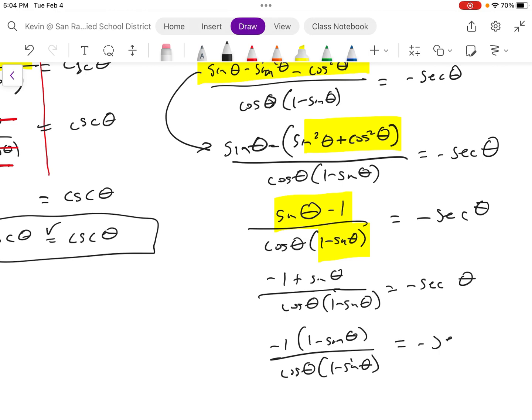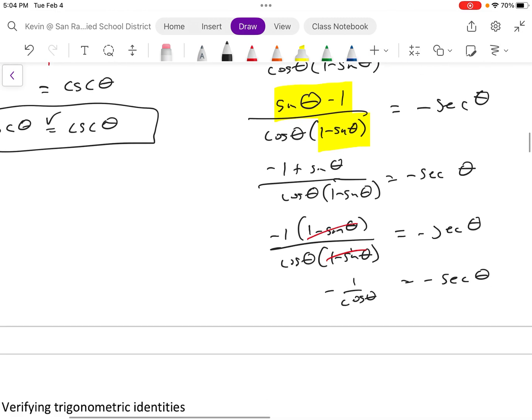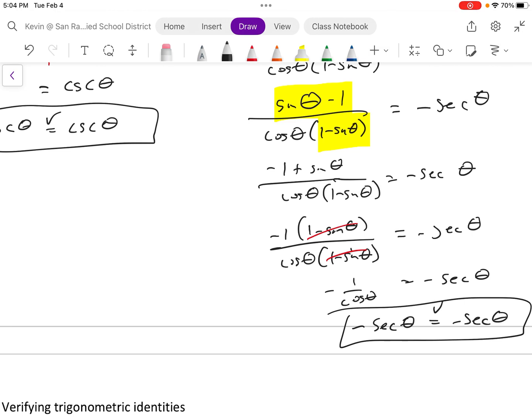Hopefully that makes sense. Just algebraically, that's what I have to do. And then these two now cancel out, and it leaves me with negative 1 over cosine theta equals negative secant theta, and so negative secant theta equals negative secant theta. Check, and I've proved it.